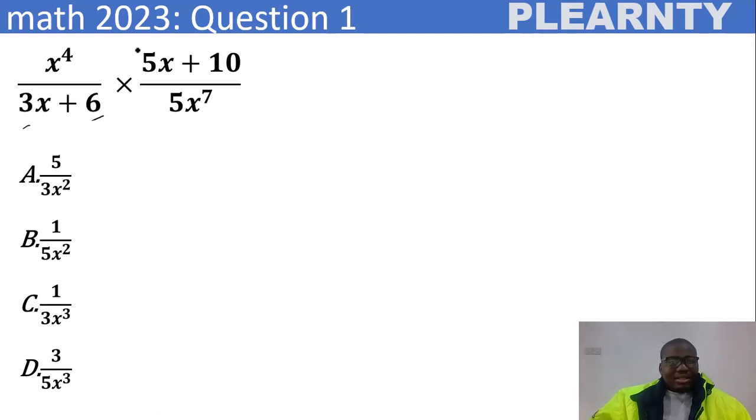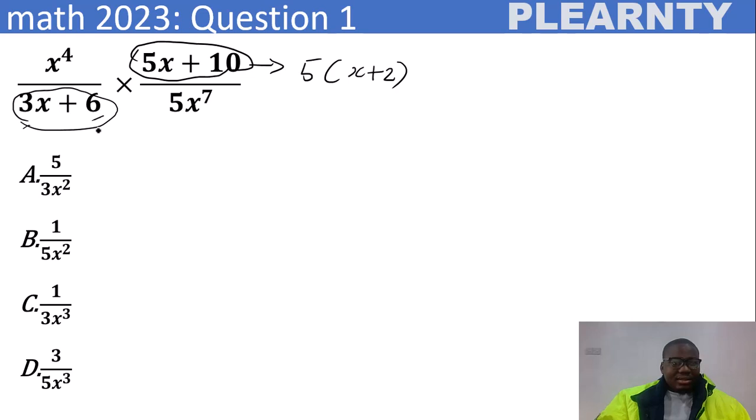So we can rewrite this as 5x plus 2. And we can rewrite this as 3x plus 2. So let's rewrite the entire expression.